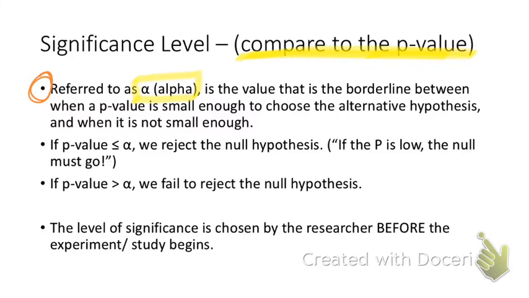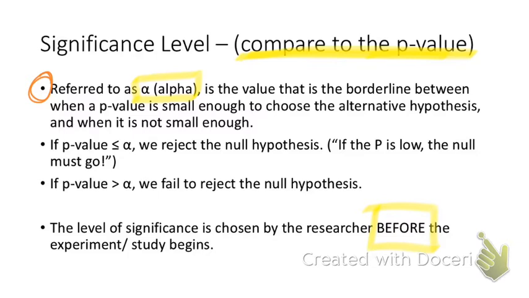Okay, so the significance level is always chosen before the experiment or study begins. And essentially, what that number represents is a chosen percentage that the researcher sets as their limit before the experiment ever begins.